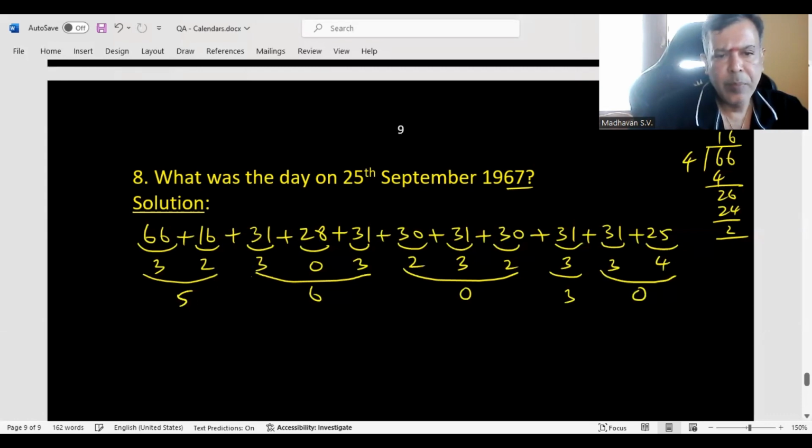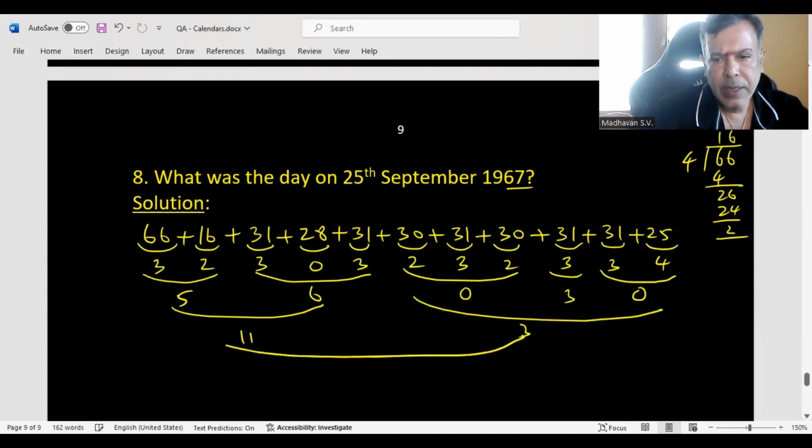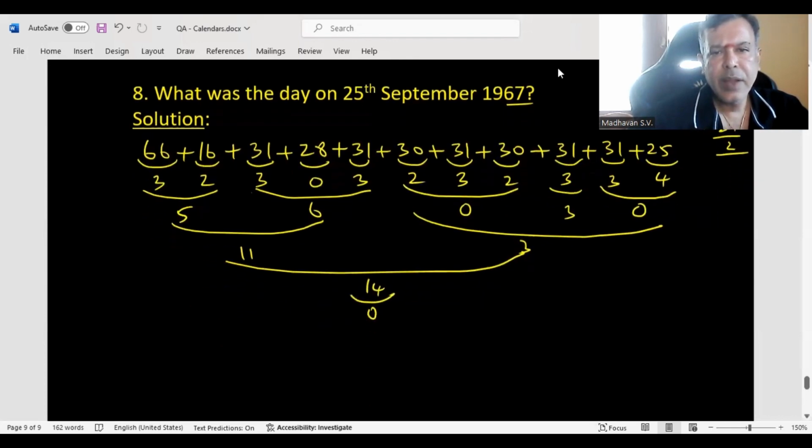If I add now 5 plus 6, 11. This is together 3. So 11 plus 3 is 14. So remainder is 0. And the last day of this century, means the 1900 century, last day is Monday.